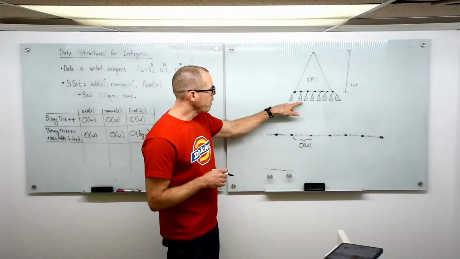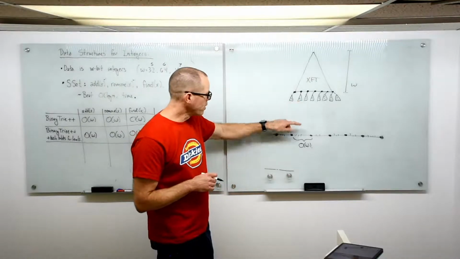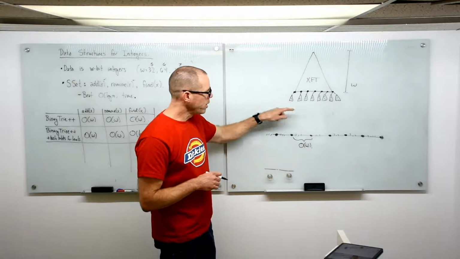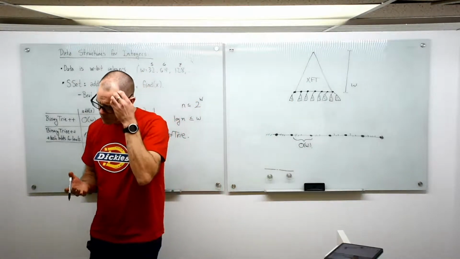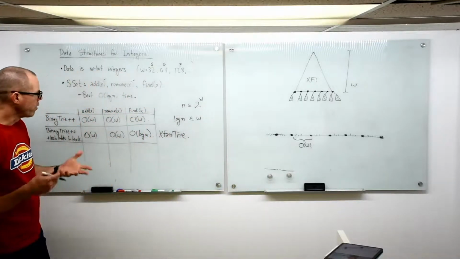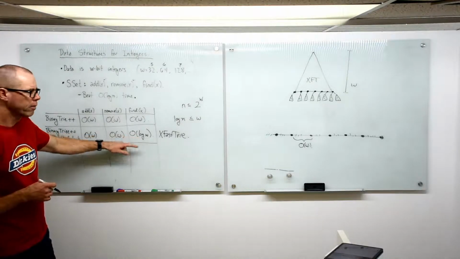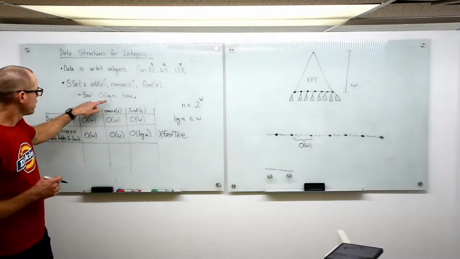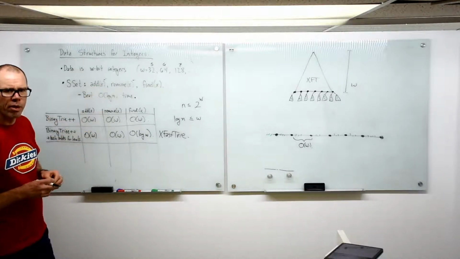So how do I store these bags? Well, the bags are not very big. They only have size O of W. So the bags should be a data structure that stores a set of W things so that I can search for things and add and remove in log W time. Well, that's easy, right? Take any of our sorted sets that we've done before.